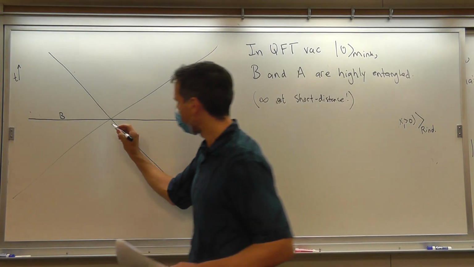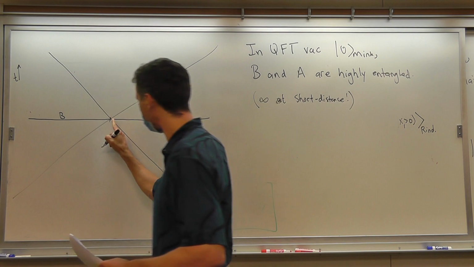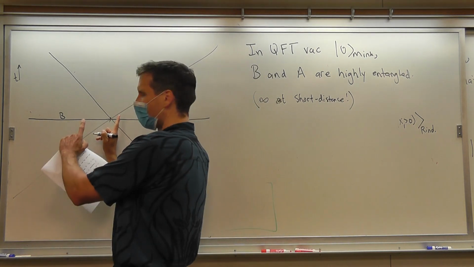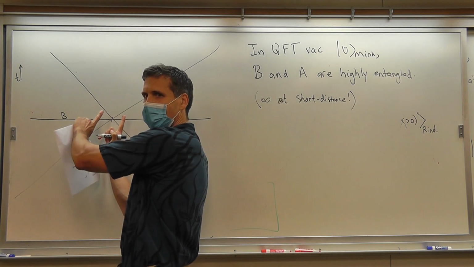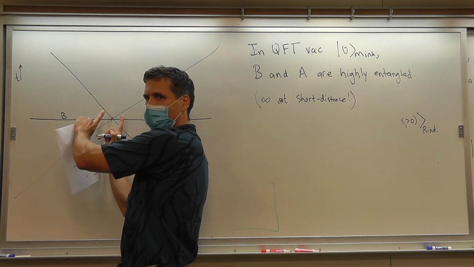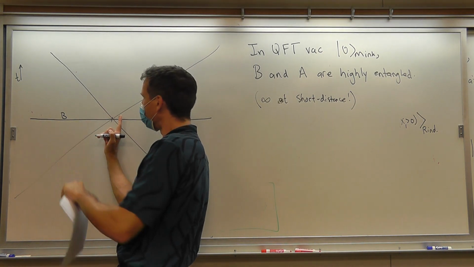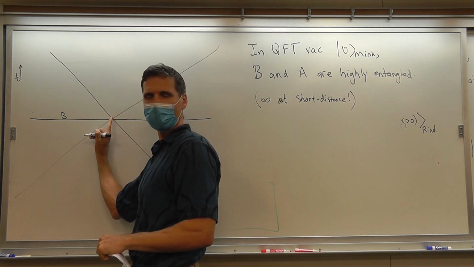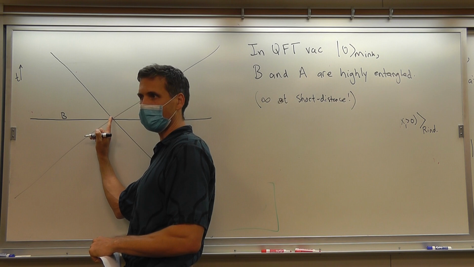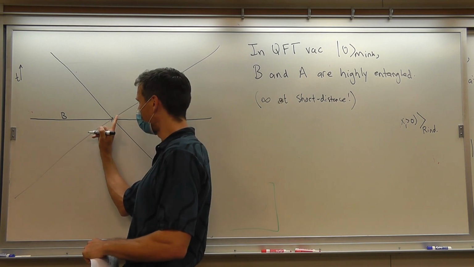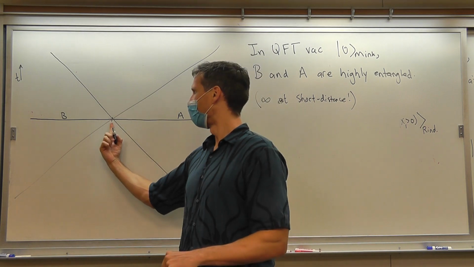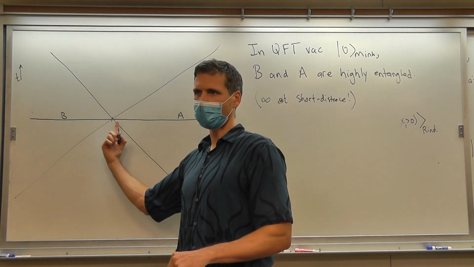So that's happening here. At this point here, things slightly to the right are entangled with things slightly to the left. And as we go to higher and higher energies, there's an infinite number of modes. If we think about shorter and shorter distance here, there's an infinite number of modes. They're all entangled across the cut. So there's actually an infinite amount of entanglement at short distances between here.